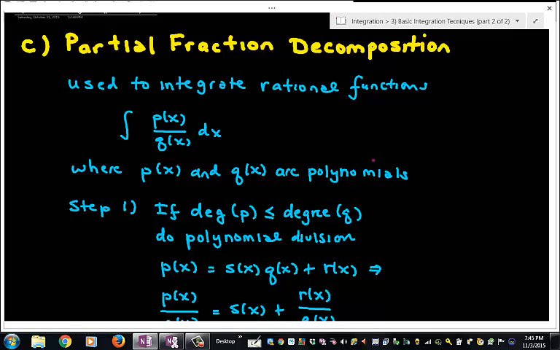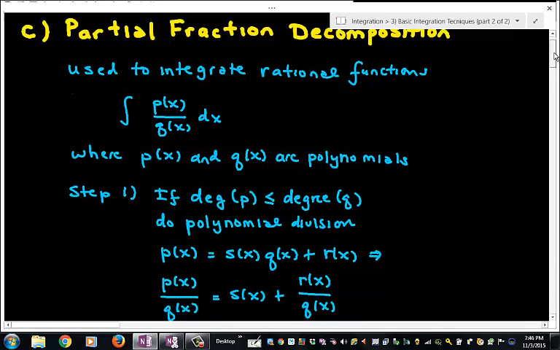And the basic idea is that we're going to re-express that rational function in terms of its partial fraction decomposition, and then we're going to integrate that because it'll be simpler and easier to work with. Which means, of course, first we have to do partial fraction decomposition.